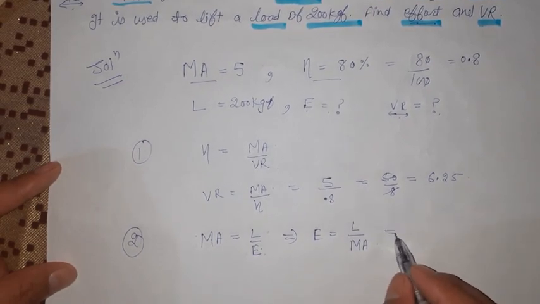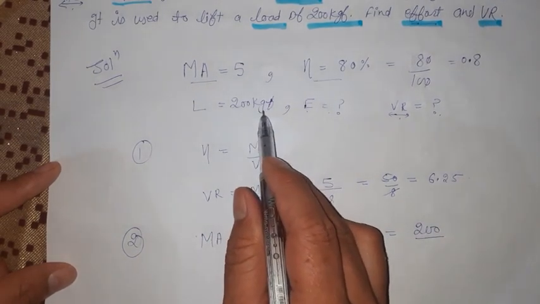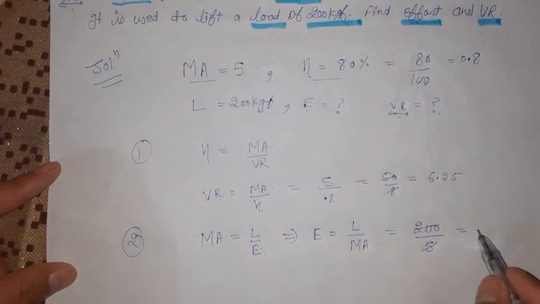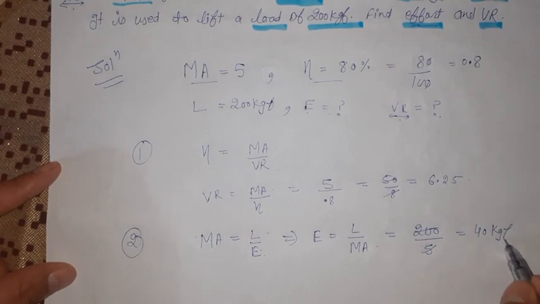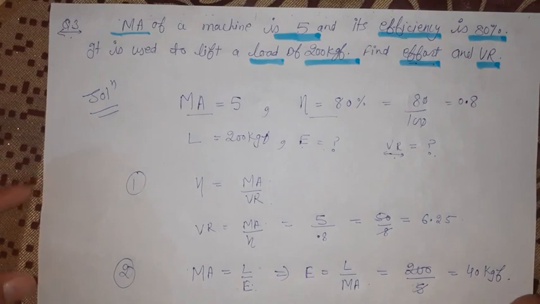Thus I will have 200 kilogram force, remember that the unit is there, upon 5. When it cancels, there it will be 40 kilogram force. In this way we can solve this question. Again, you can check that one.